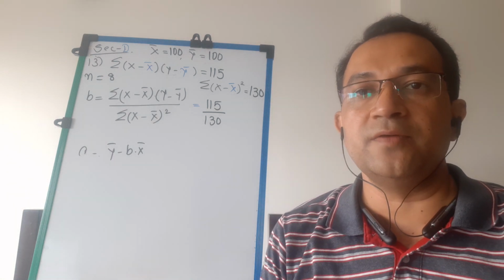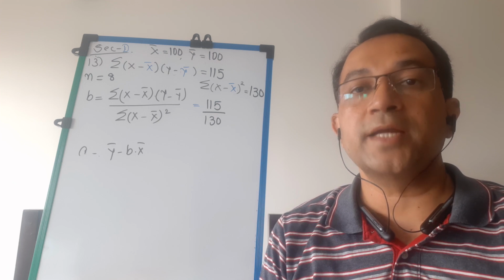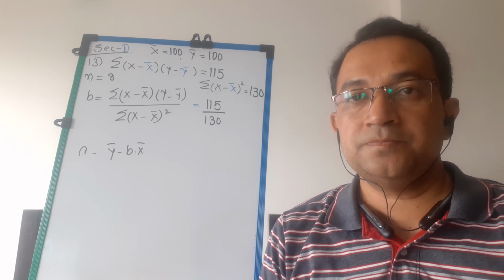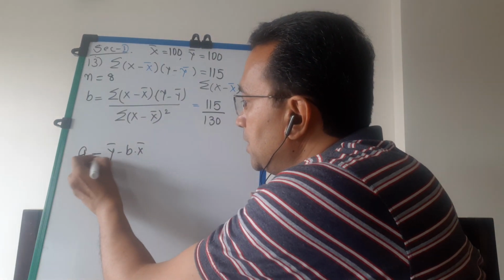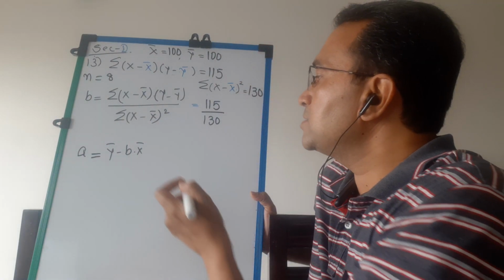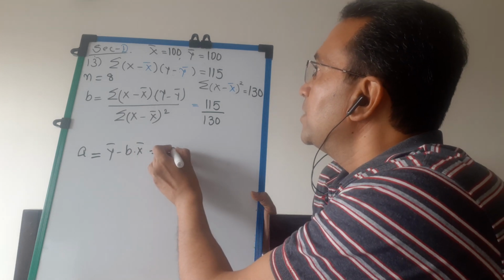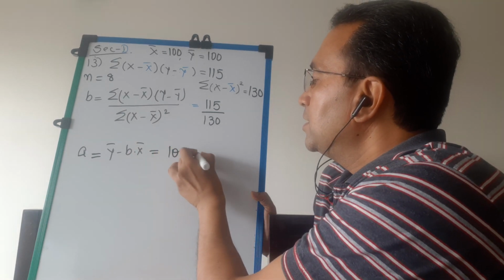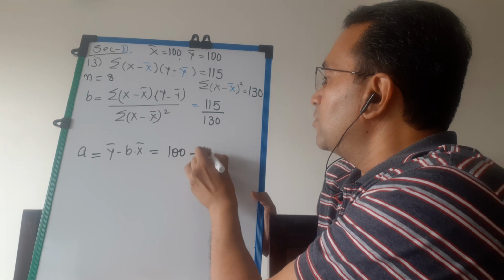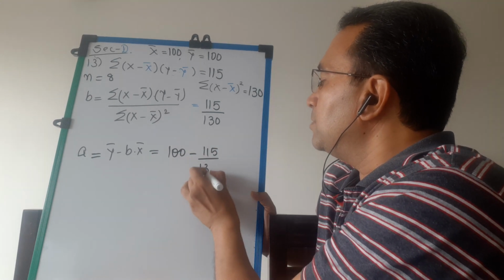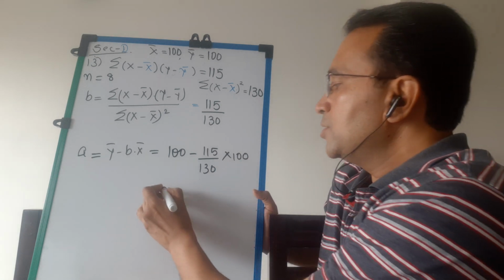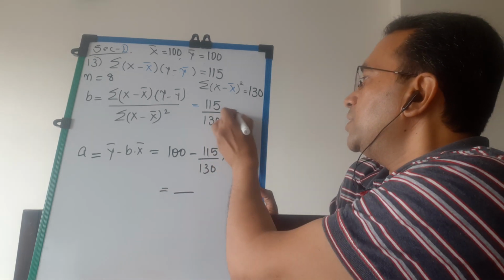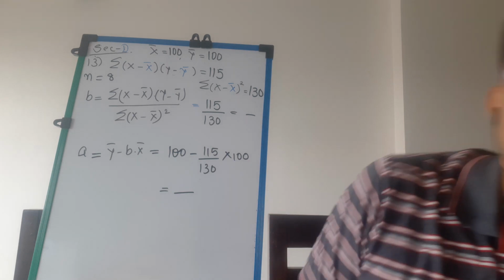You can easily simplify with the help of calculator. And finally, to get a, we have a is equal to y bar minus b x bar. Y bar is how much? 100 minus whatever b we have got, 115 by 130, and x bar is 100. So simplify, this will give you a and this will give you b, students.